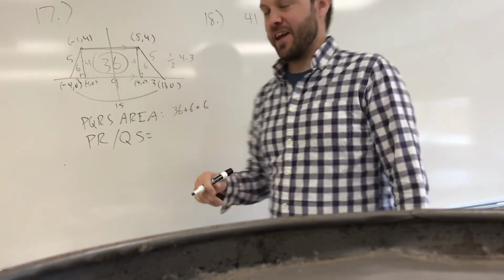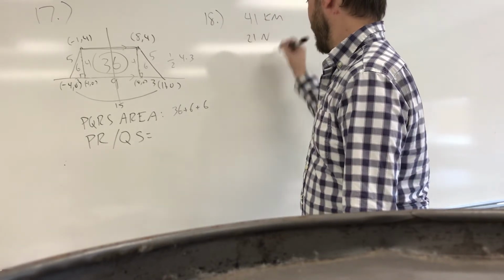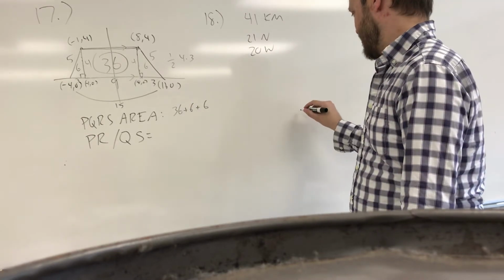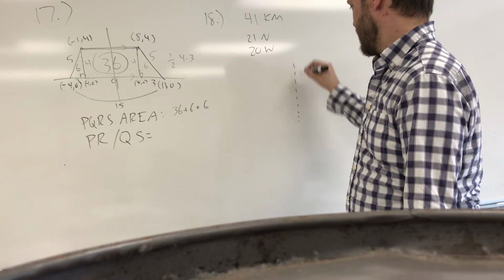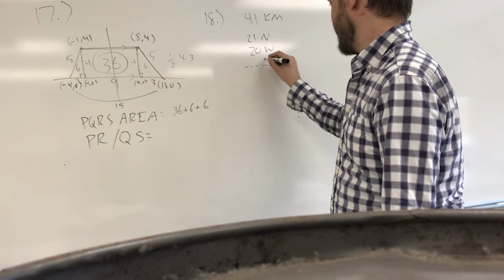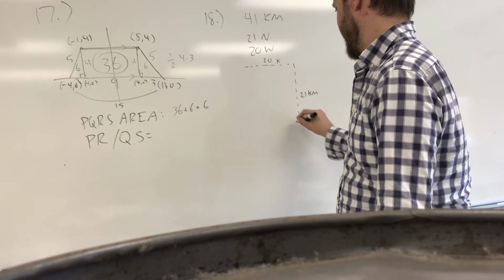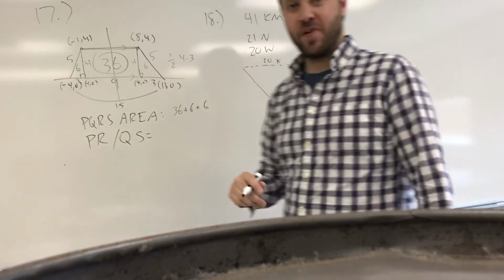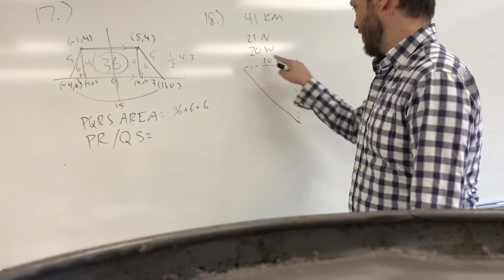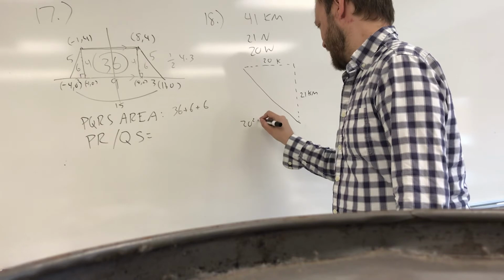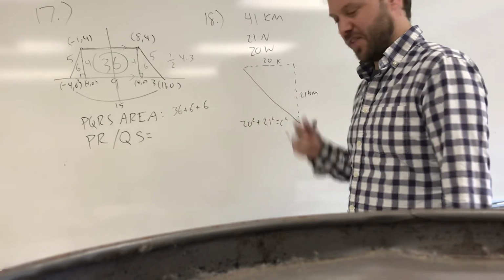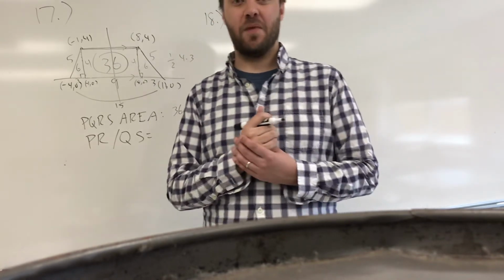Okay, so if you break that up into 21 north and 20 west movements, you're going to go up 21 kilometers, and you're going to go over 20 kilometers. And you might remember a triple, I don't think I talked about this triple in this class. Anyway, this is probably a Pythagorean theorem problem for most of you. So 20 squared plus 21 squared is equal to c squared. And you can solve that. I believe it's going to end up being 29 kilometers from the start to the finish.